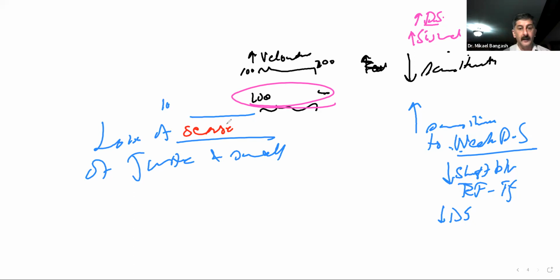Or you can say loss or reduced sensitivity. So low sensitivity towards taste and smell. So it's okay if you have a low sense of taste or smell.